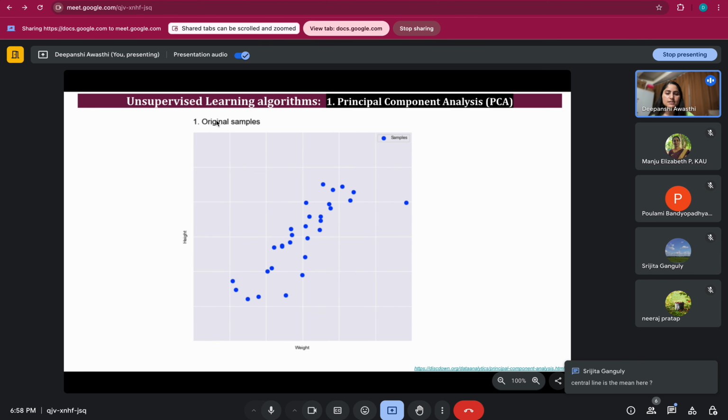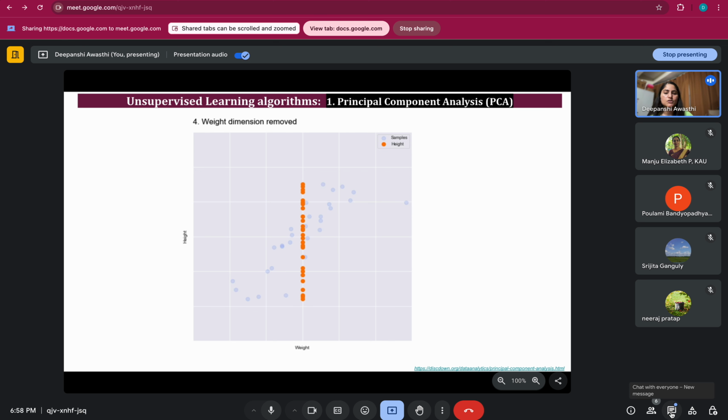In this scenario, the central line is not the mean, because it is not trying to cluster. The mean might be calculated at the level of all the distances, but it can't be the mean actually.